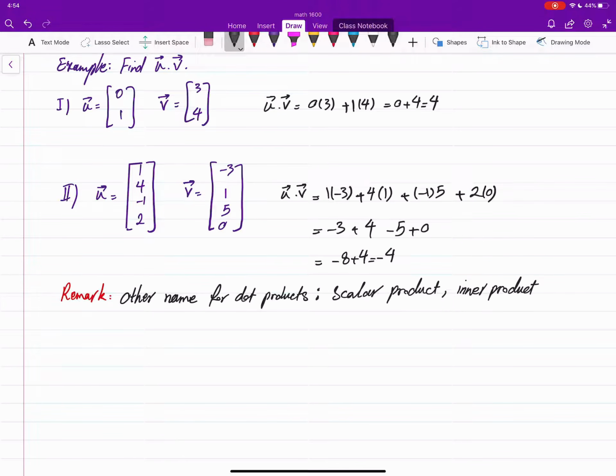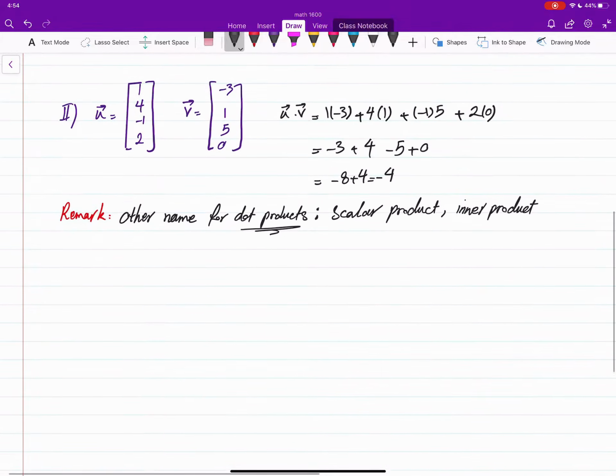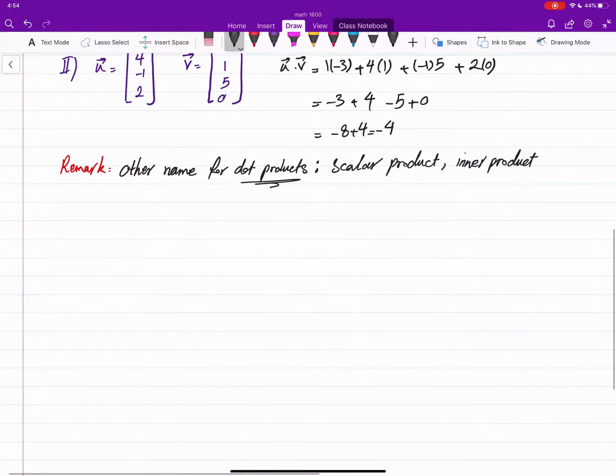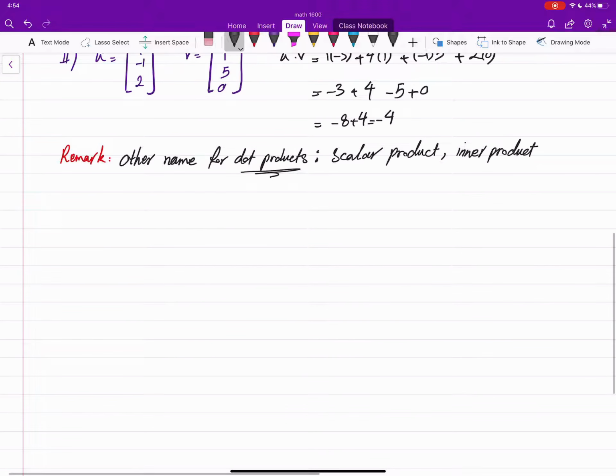But we will use dot product as the standard notation and terminology for our course. Okay, so that is done.